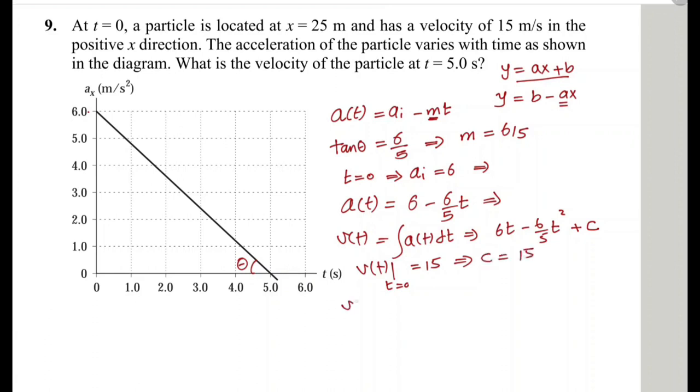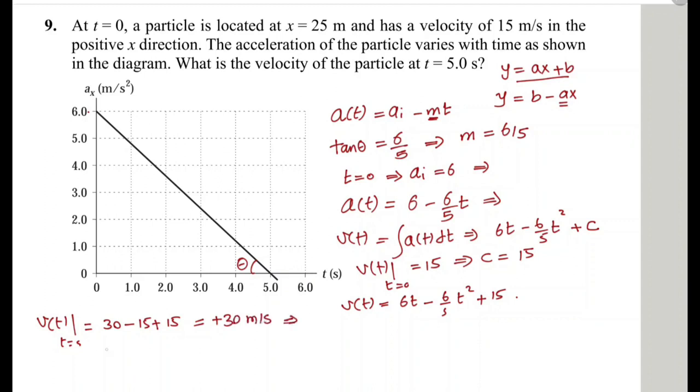Now the v of t equation is equal to 6t minus 6 over 5 t squared plus 15. So v when t equals 5 is equal to 30 minus 30 plus 15, in other words, it's equal to plus 15 meters per second.